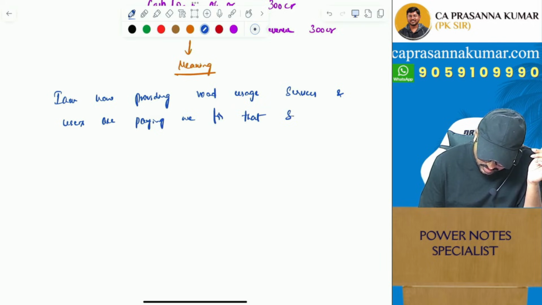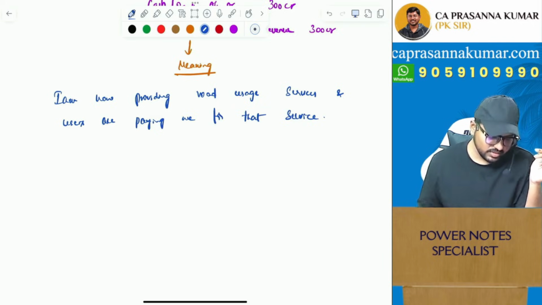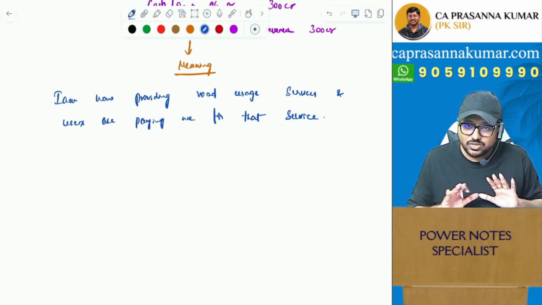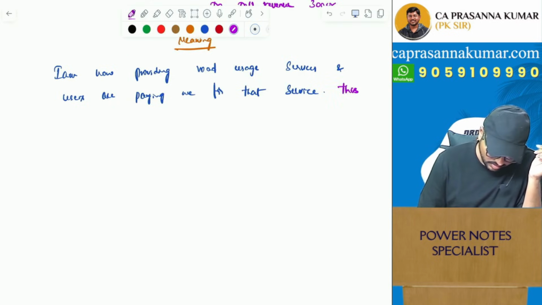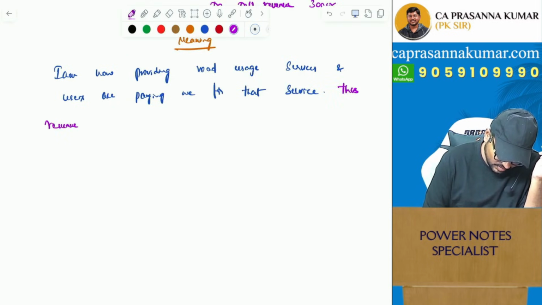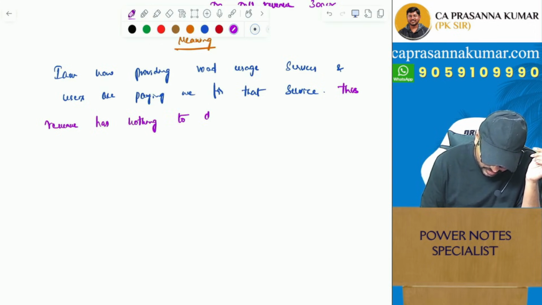Simple. And whatever they are paying me is considered as revenue. This has got nothing to do with construction. Please try to understand. This revenue has nothing to do with construction.